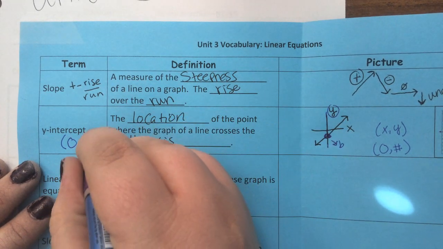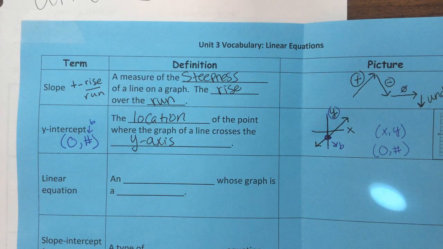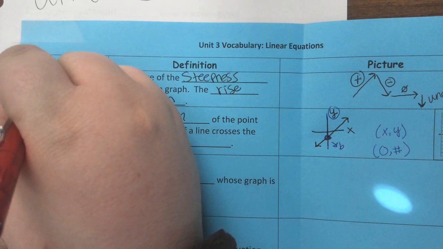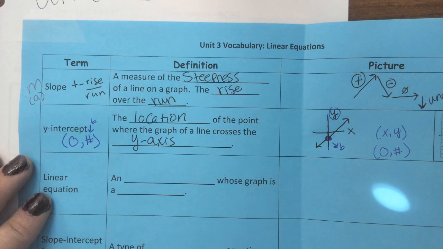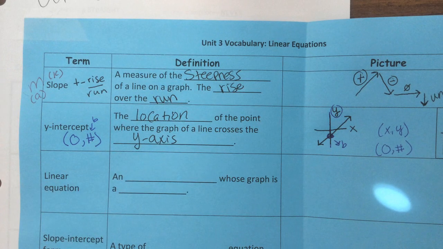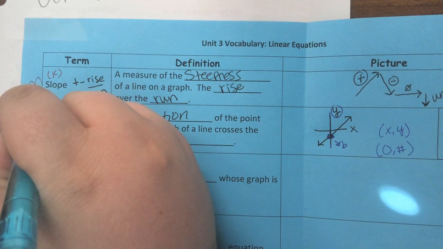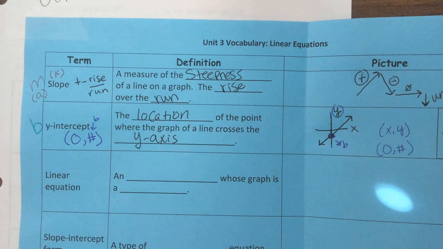That number is just B. Yesterday we learned that slope was the letter M. You also know it's A in your calculator. Later on this year we'll get to use K. And yesterday we also talked about the y-intercept was the letter B. Only one letter for the y-intercept.